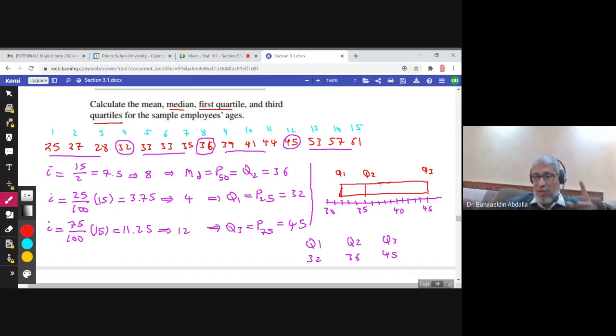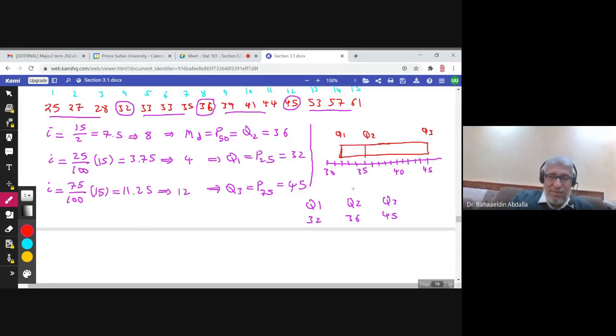Although there are 25% of the data between Q2 and Q3, between 36 and 45, there are 3 numbers. Between 32 and 36, there are 3 numbers. So the same percentage of the data here and here, but Q2 is not in the middle. So you need to understand this fact.